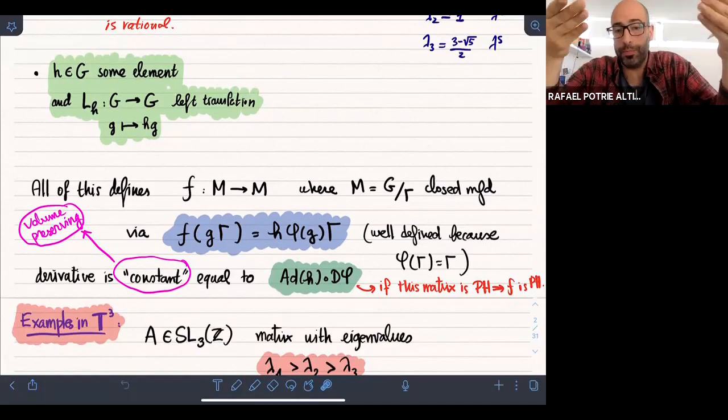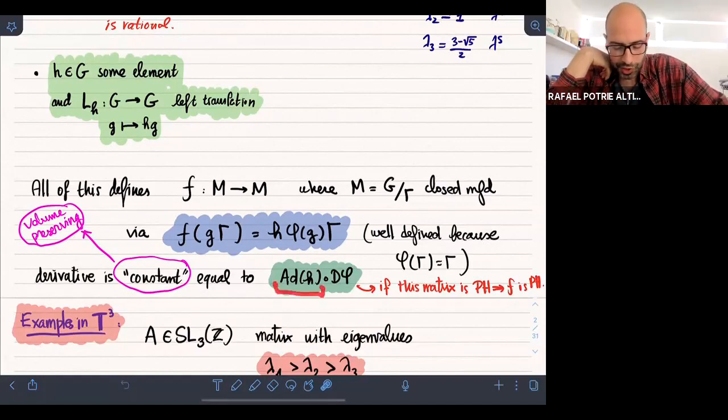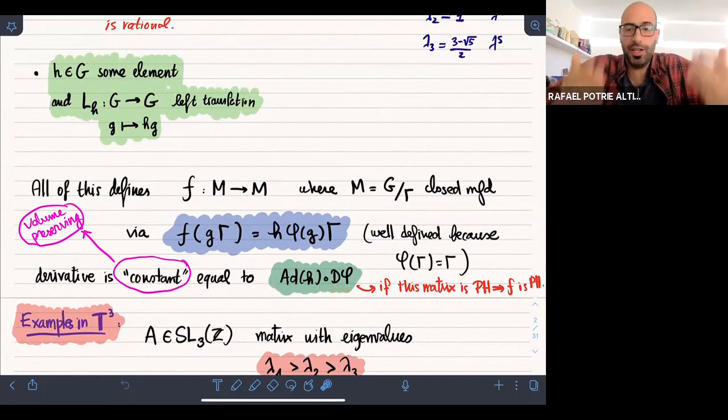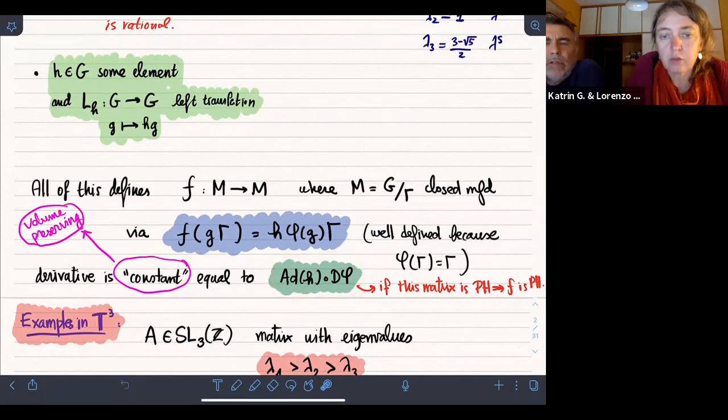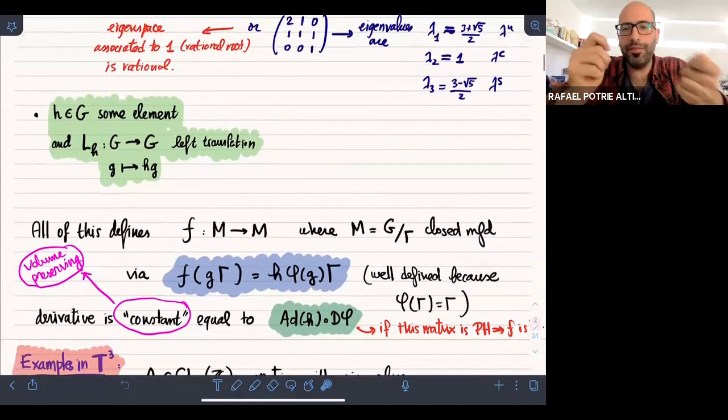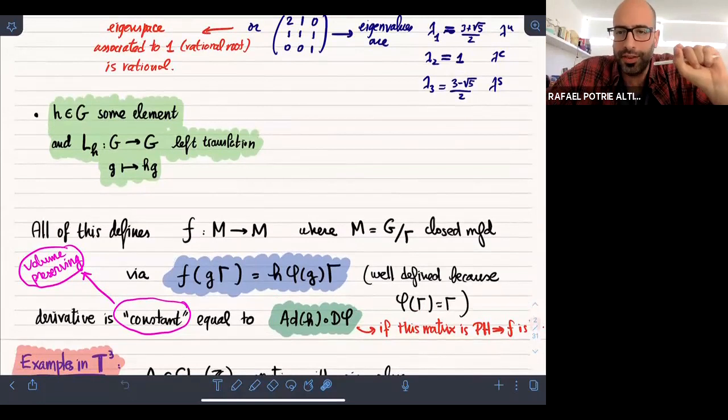So when you compute the derivative, you get the adjoint action of H composed with the derivative of the automorphism. And essentially, you have a very easy to verify criterion. What's the adjoint action? It's the derivative of conjugating by H at the identity.